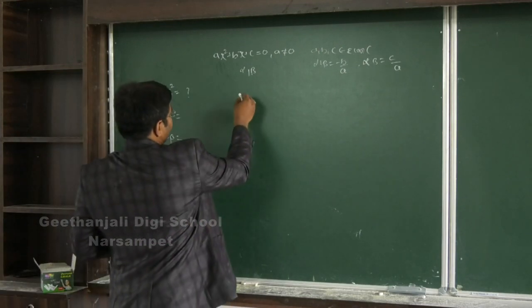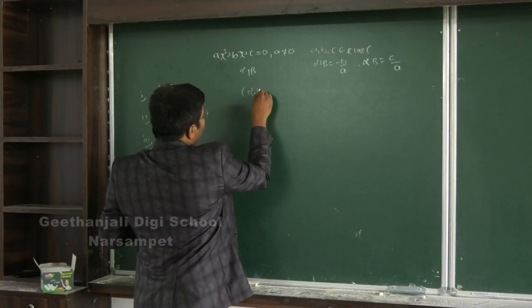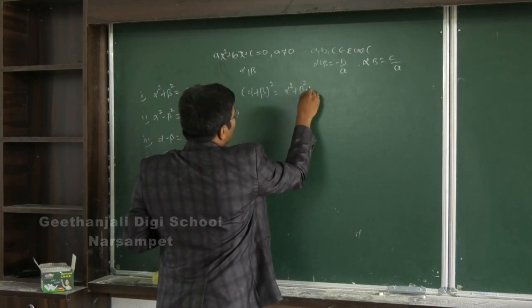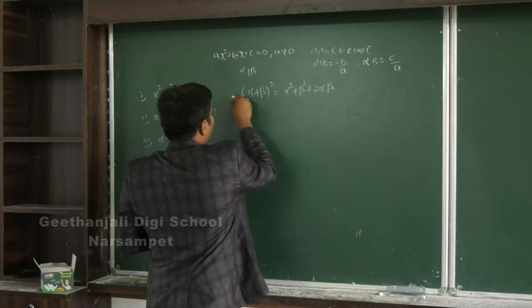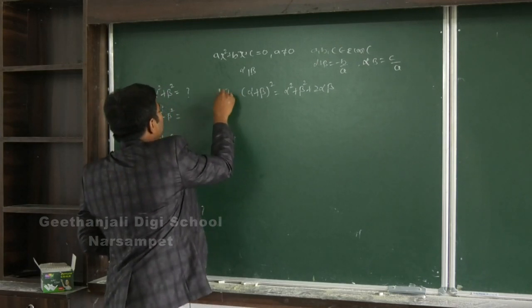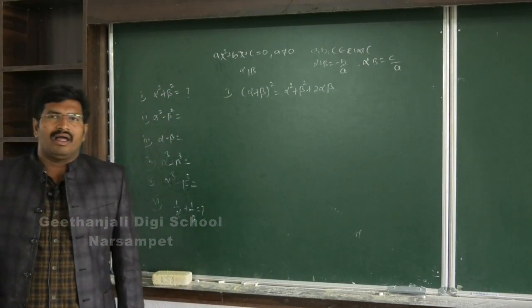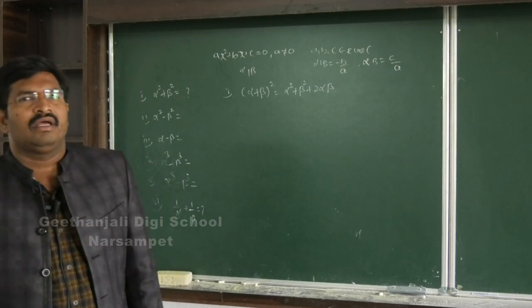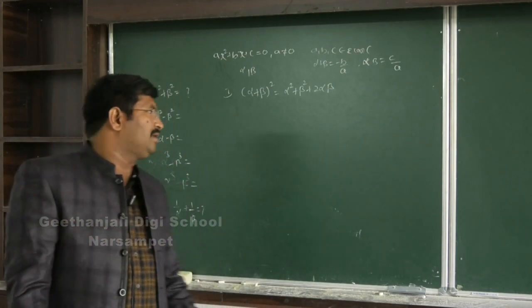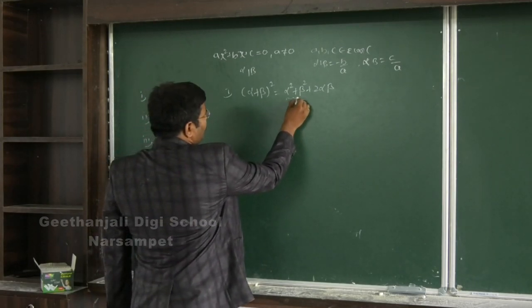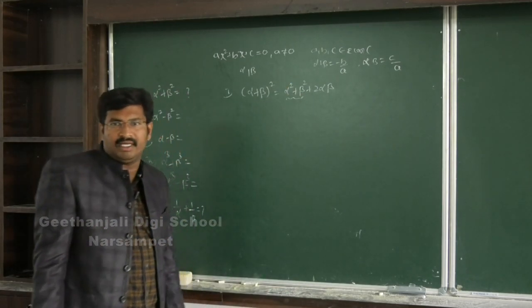Now the formula for alpha plus beta whole square is alpha square plus beta square plus 2 alpha beta. So alpha plus beta whole square is equal to alpha square plus beta square plus 2 alpha beta, but we need to find alpha square plus beta square.